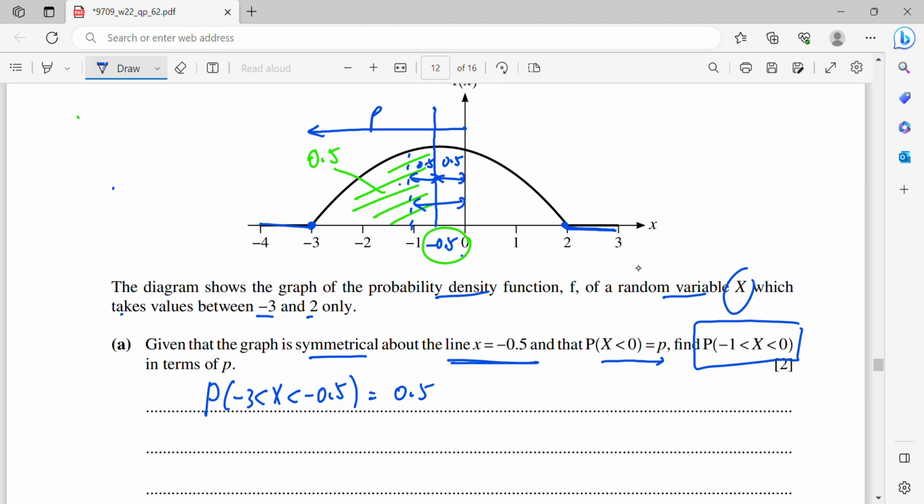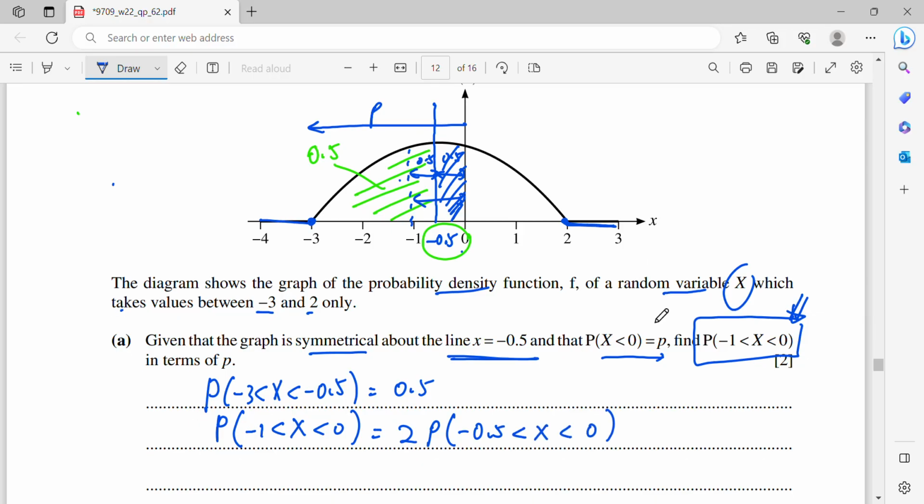So I need to find the region between -0.5 and 0. After that, I flip, I times 2. That will be the probability that you need to find. So P(x between -1 and 0) is going to be double the probability between -0.5 and 0.